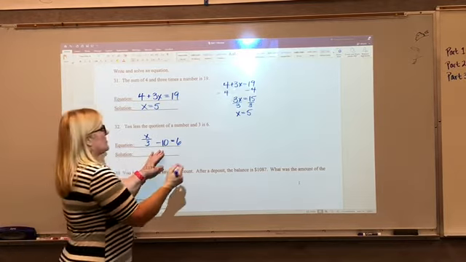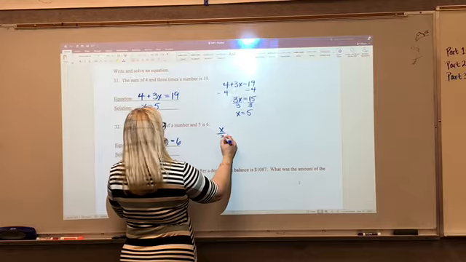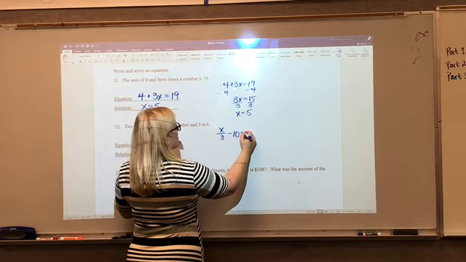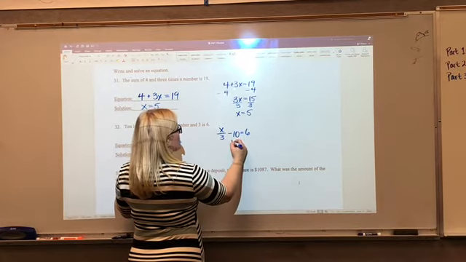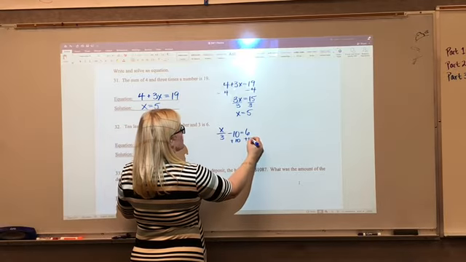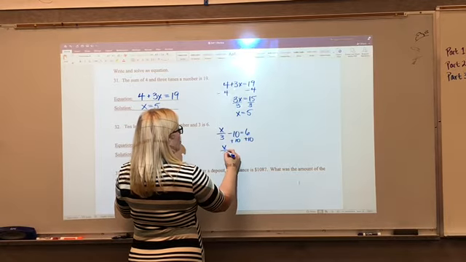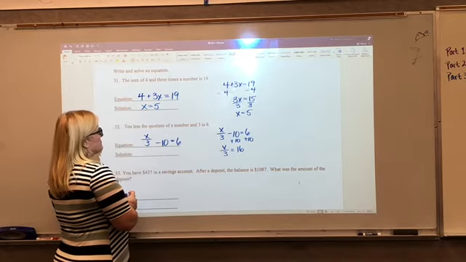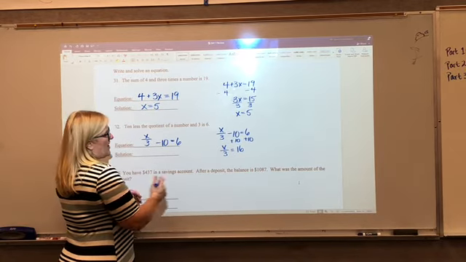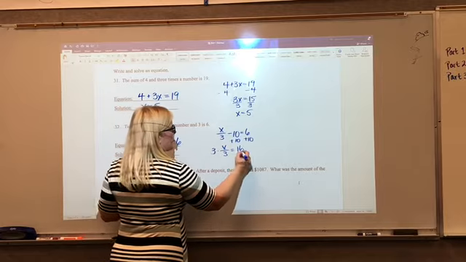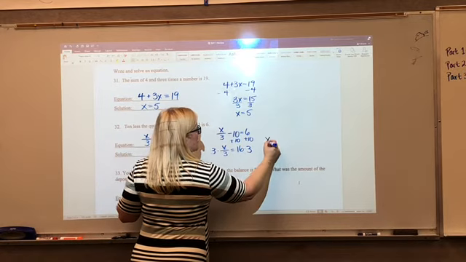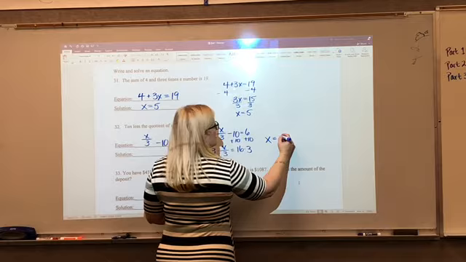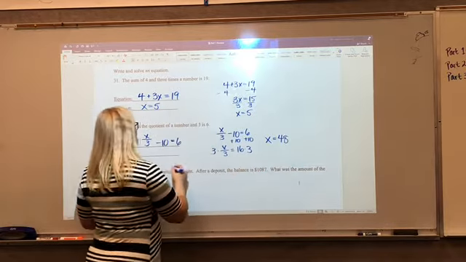All right, so bringing this over here, I'm going to add 10 to both sides, and I get x over 3 equals 16. Okay, and then I need to multiply both sides by 3 to get x by itself, so x is 48.